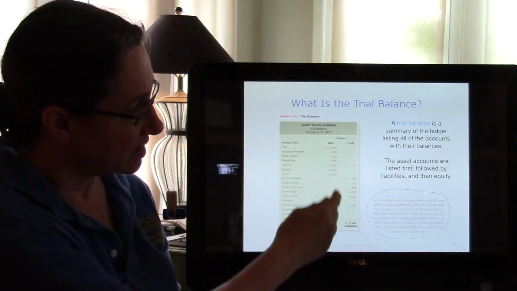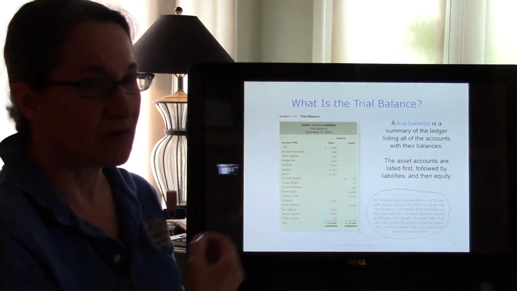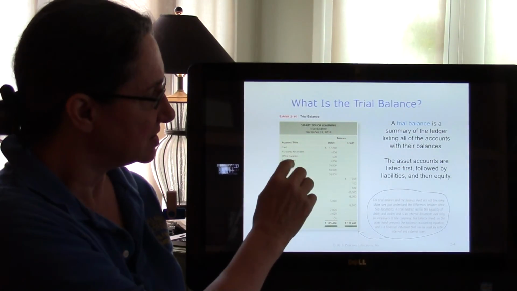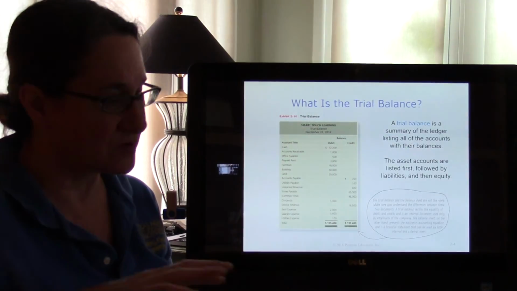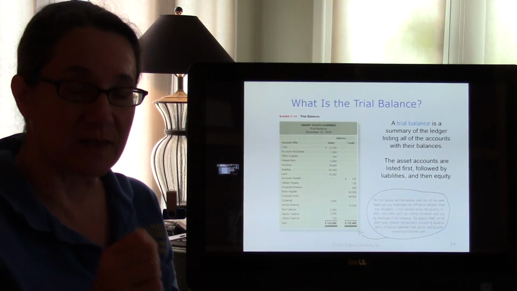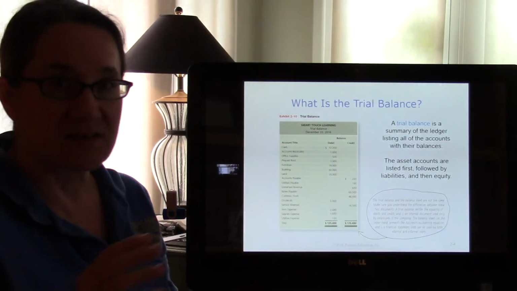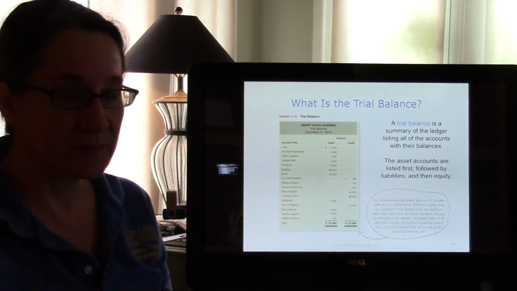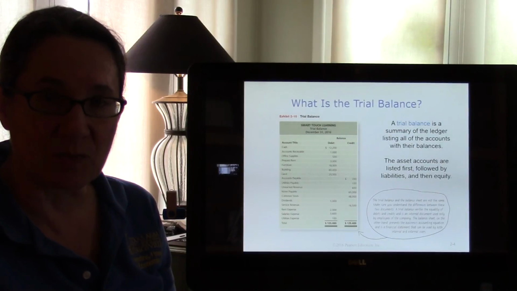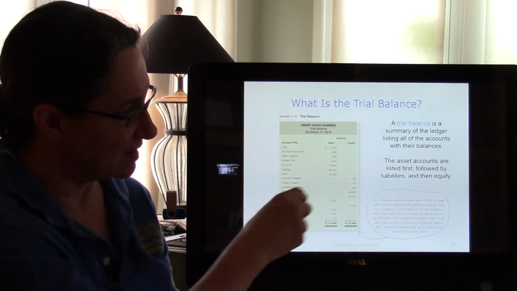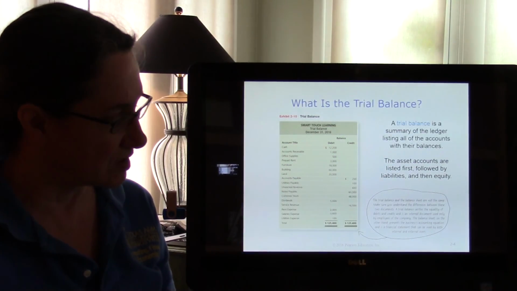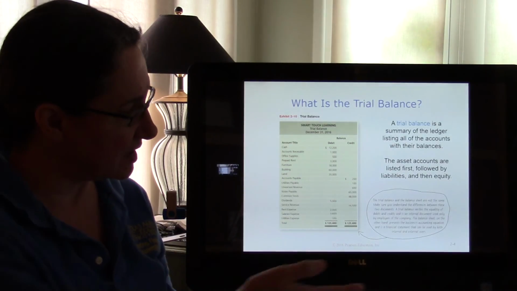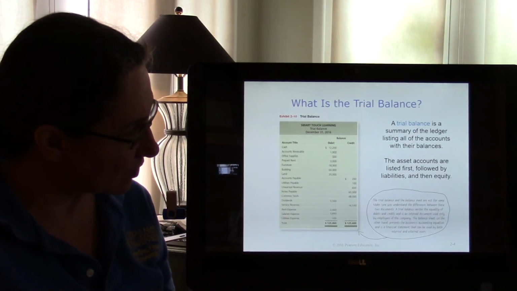Well, if you look, you'll see that all your assets really, cash and accounts receivable and office supplies, those all increase with debits. That's their normal balance. So you see we're listing them in the debit column, right? That's why it's important to know what a normal balance would be, because normally they would be in the debit column, all those assets. We know that liabilities and equity increase with credits.